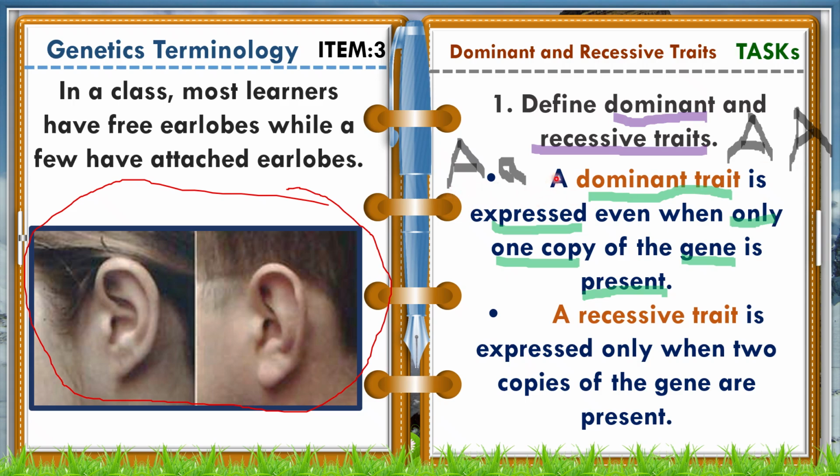But in such a scenario, we have a dominant and a recessive. By the fact that there is a dominant allele, the dominant trait is going to be expressed due to the presence of this one dominant gene.